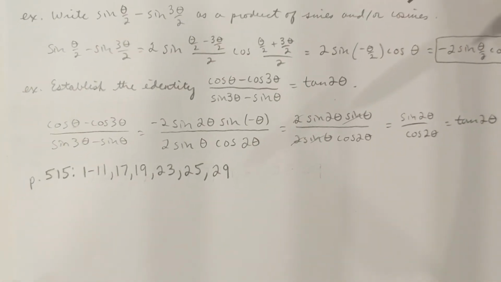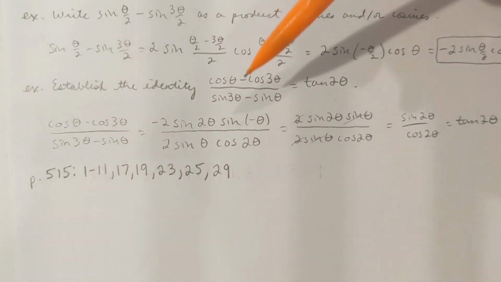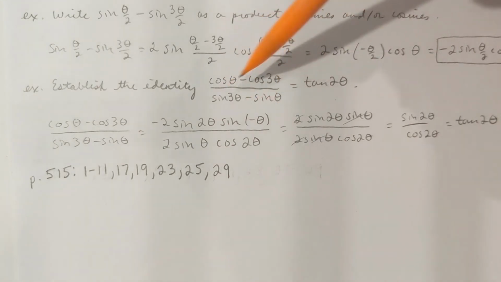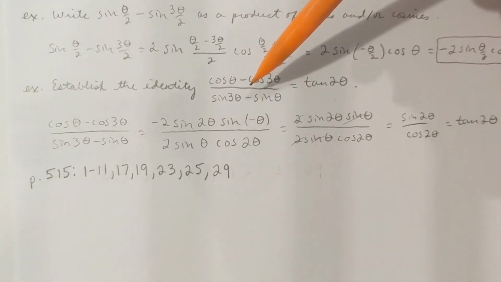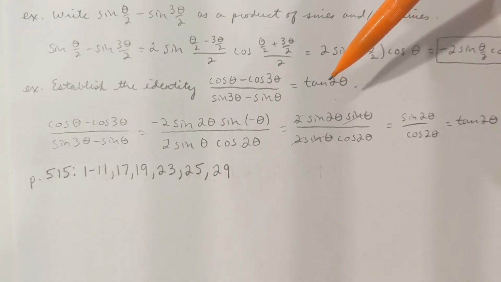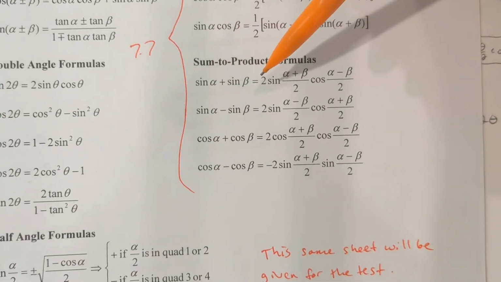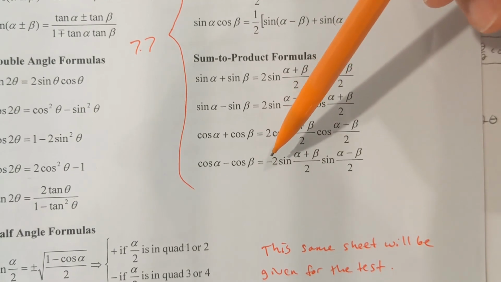My last example, we're going to establish an identity. We'll start with the side that is more involved, which is obviously the left side, and we've got to get to the right side. Cosine of theta minus cosine of 3 theta. Let's use the sum to product formula, the last one here.